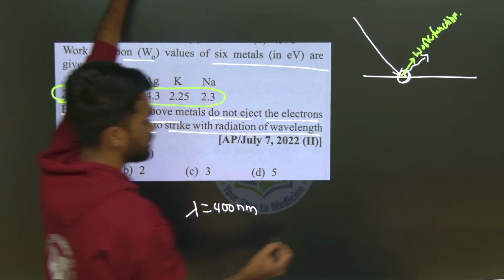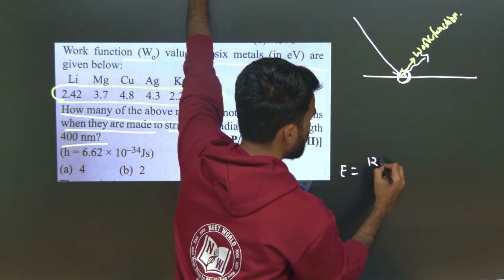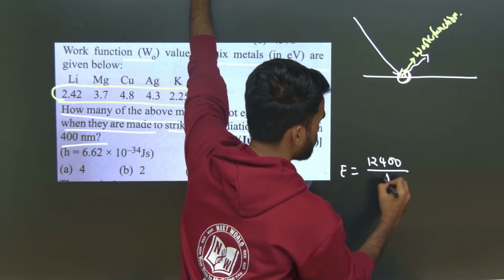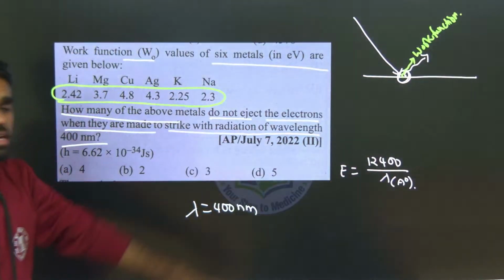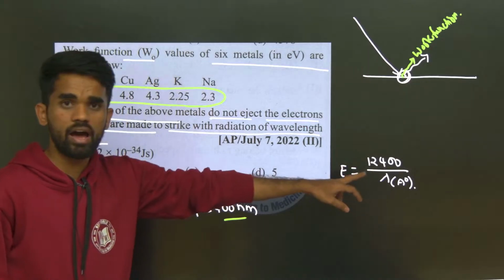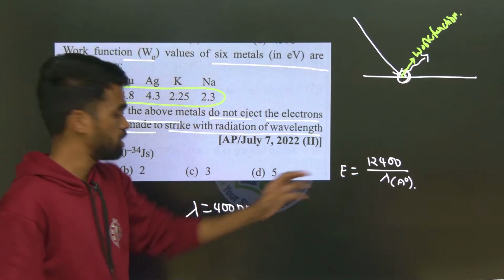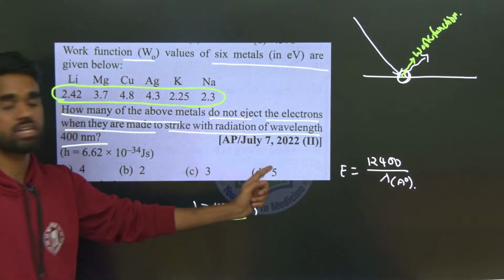So what you can use here is energy equals 12400 by lambda. This lambda is in angstroms. By using this relation, you need to convert nanometers into angstroms and simplify, and you will get one of these options.